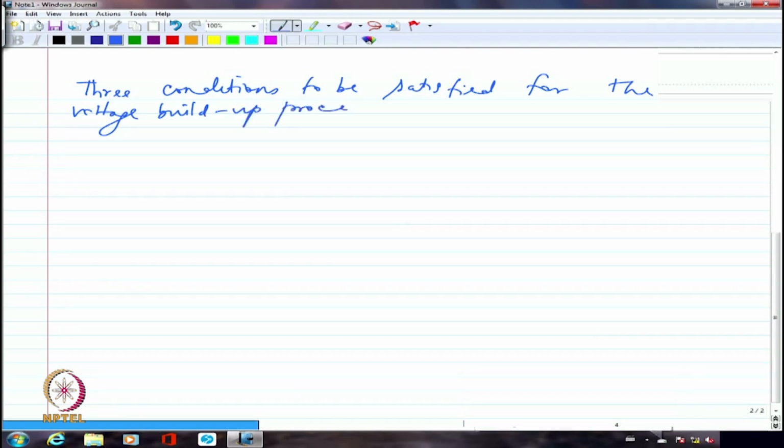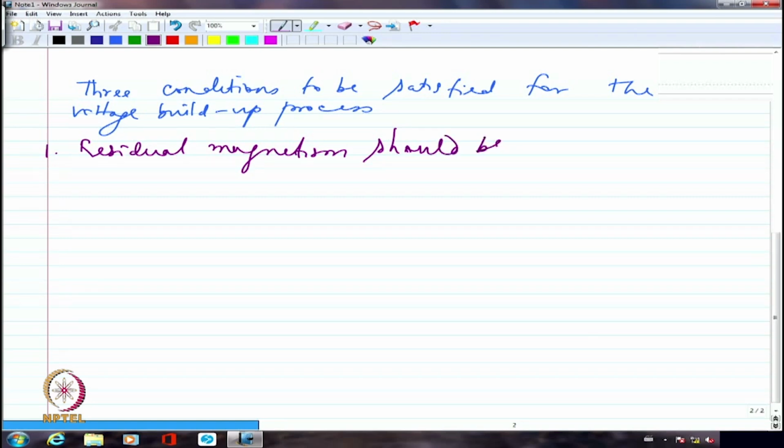The first thing is, unless I have a residual magnetism, it is definitely not going to work, because I am looking at field current equal to 0. The field current rises from 0 value only because of the residual magnetism generated voltage. So, for sure, residual magnetism should be present. That is the first thing that needs to happen.